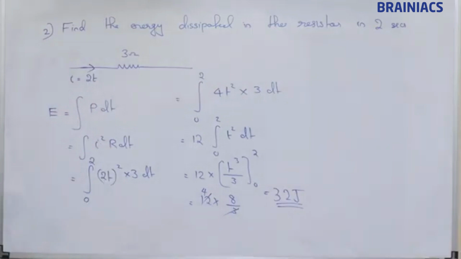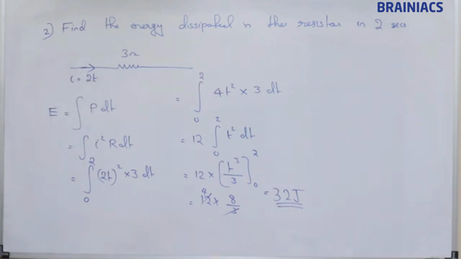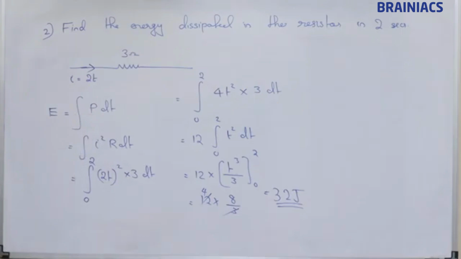So a simple question, just finding the energy dissipated in the resistor in 2 seconds. The only change that happened here is that current becomes 2T, so the entire process will change. So remember this formula. This is 100% valid every time. Clear?